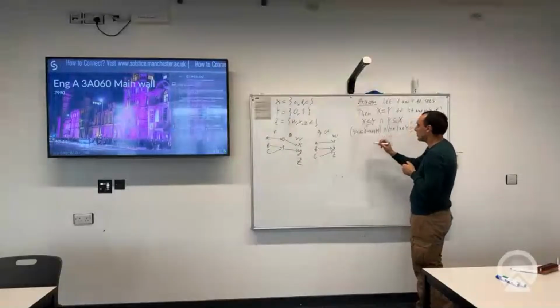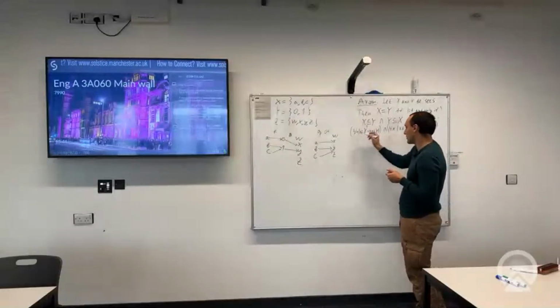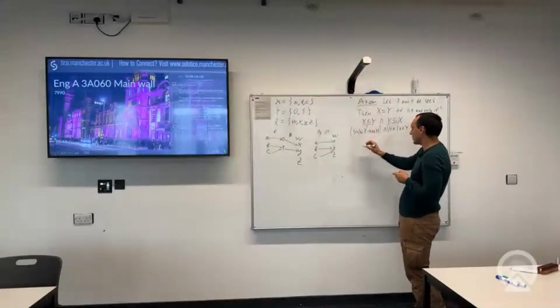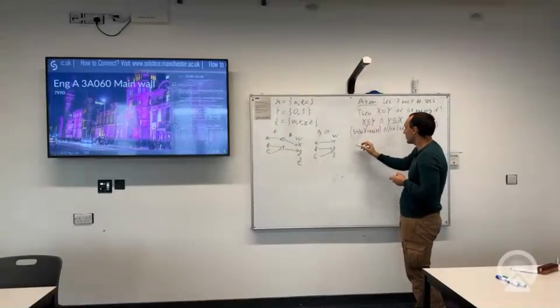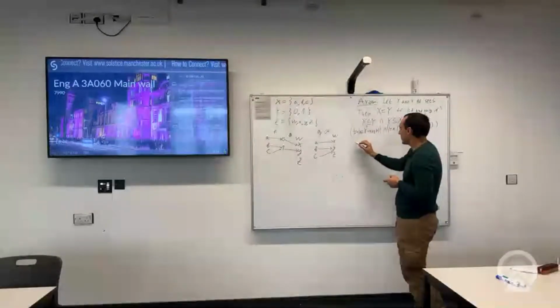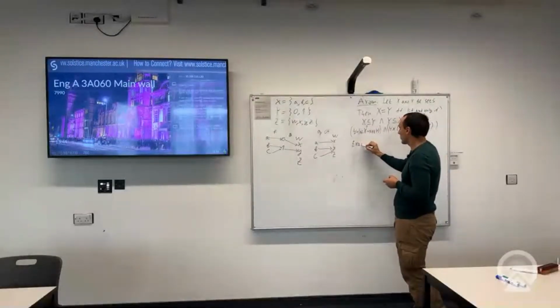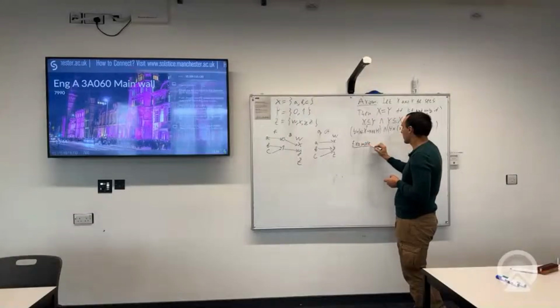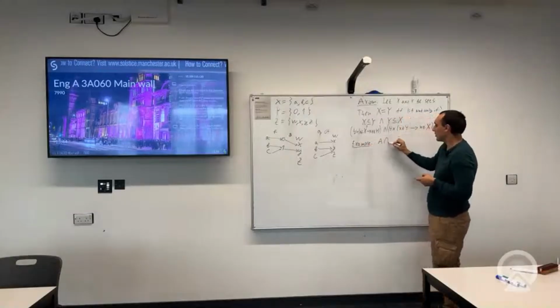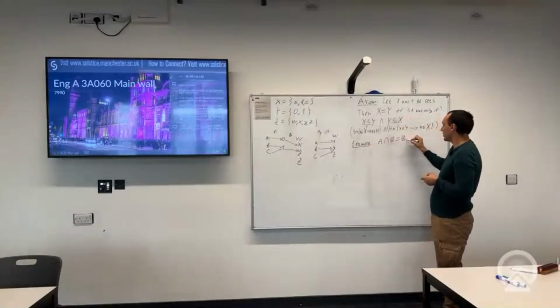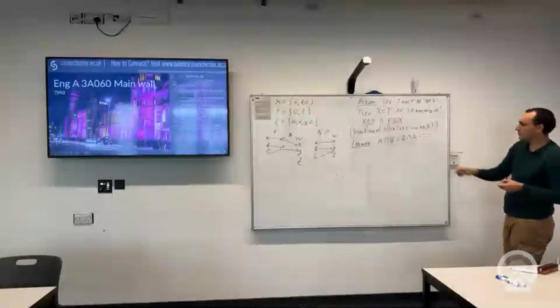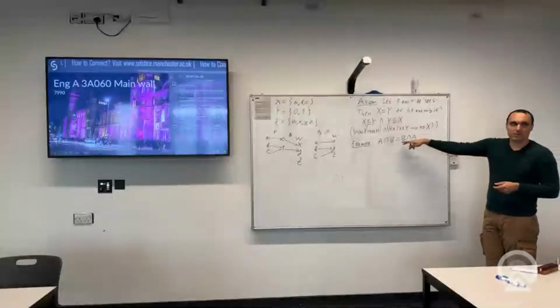Maybe we can. Okay, let me do something very fast. So, example: A intersection with B equals B intersection with A. So how do we prove this?